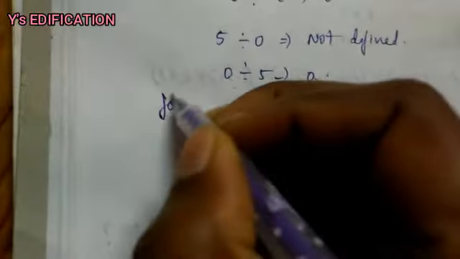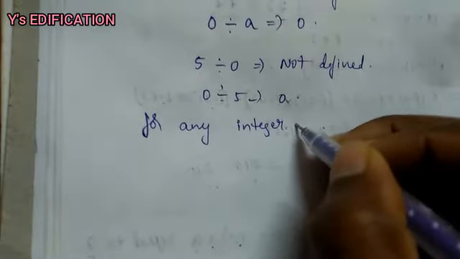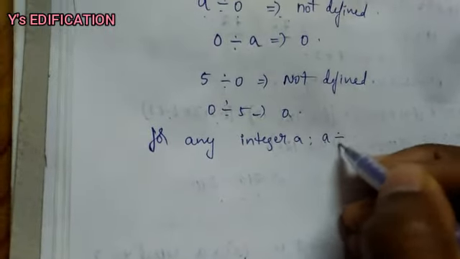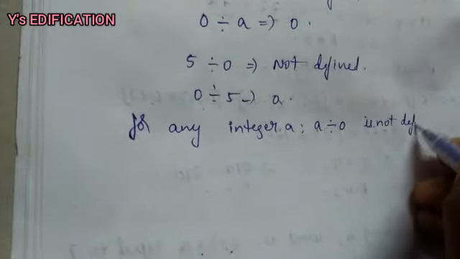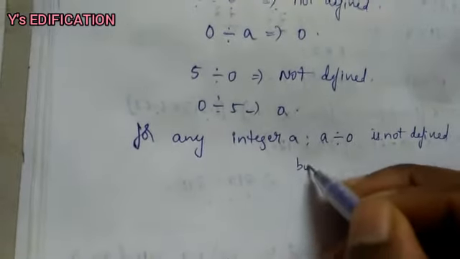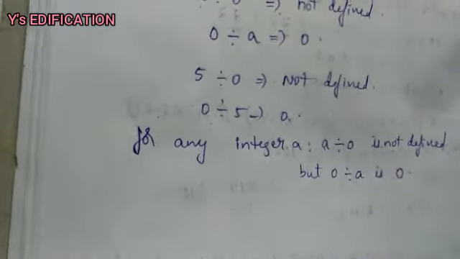So how can we say? For any integer a, a divided by 0 is not defined, but 0 by a is 0.